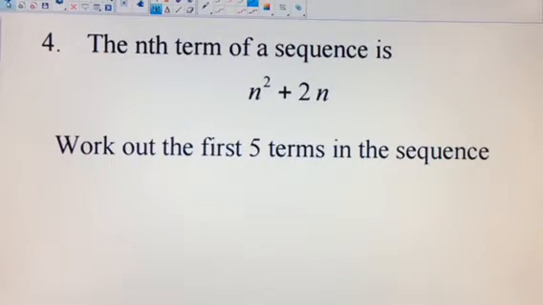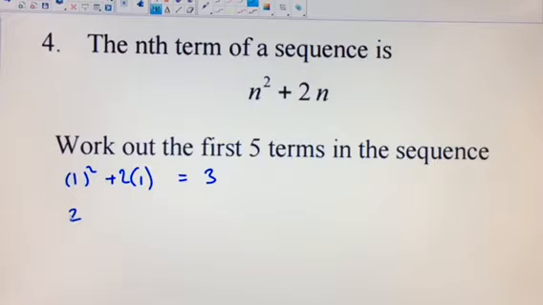Here we have another one. This time we work out the first 5 terms of the sequence. Sometimes you can just do it in your head, sometimes show your working out. I'm going to show my working out for the first couple, and I'm going to leave you to do the rest. For the first one, I'm going to do 1 squared plus 2 lots of 1, because that's using the counting number 1 as my first term. 1 squared is 1 plus 2 is 3.